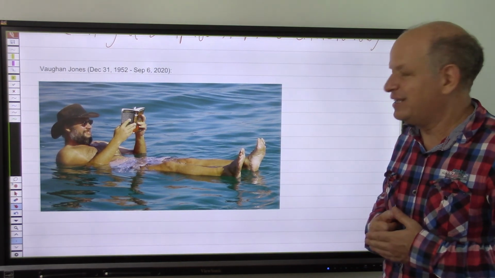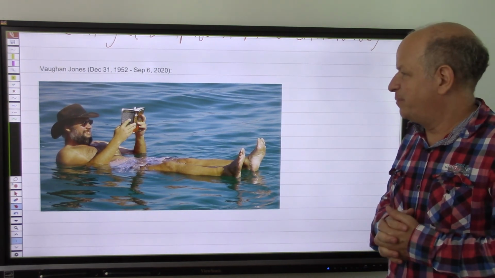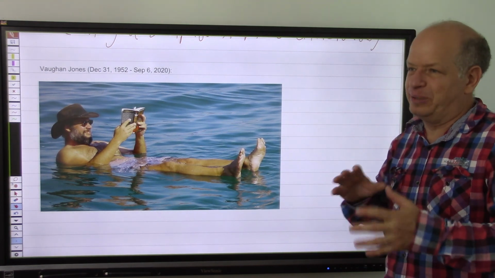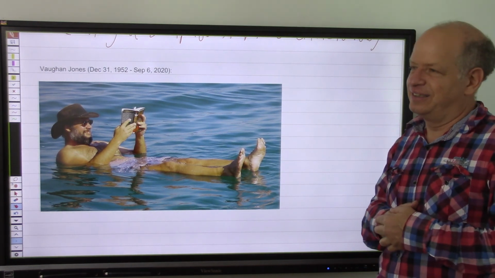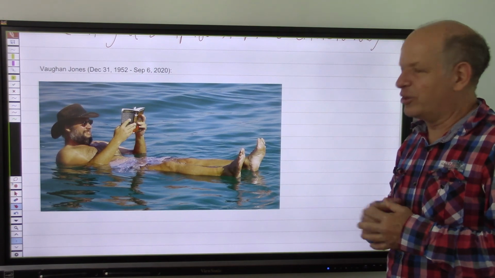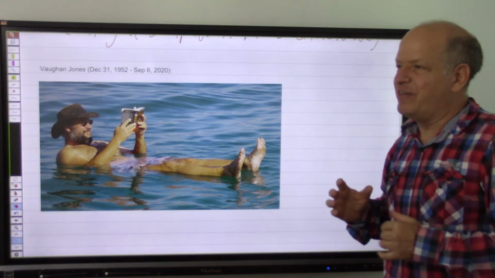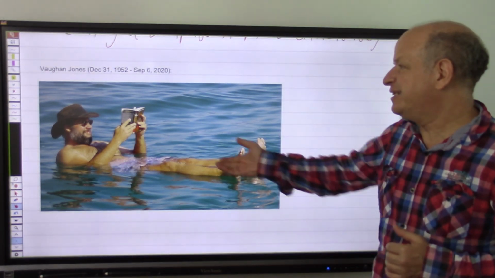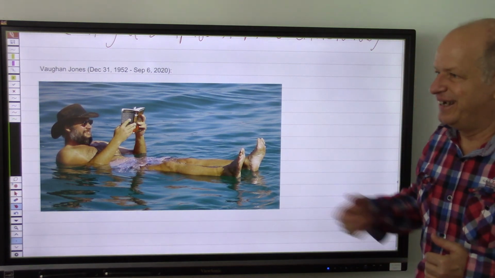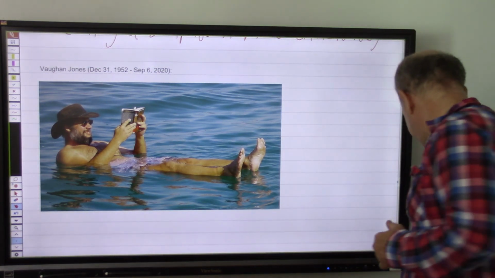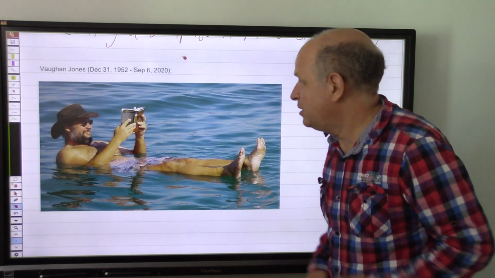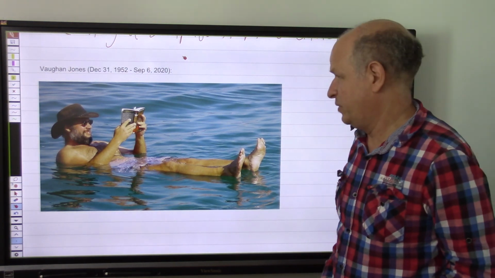We went to the Dead Sea, and the Dead Sea has like 30% salts dissolved in the water. So the water is extremely heavy, and you can basically sit on the water and read a book. This is Vaughan Jones demonstrating it, and I'm afraid he is no longer with us.